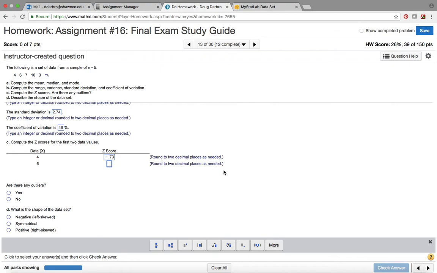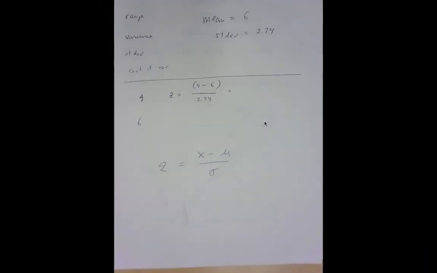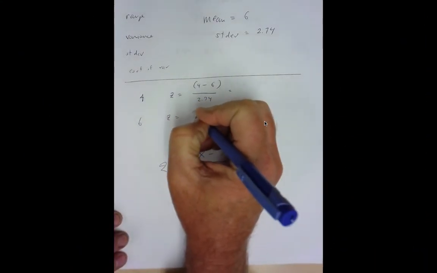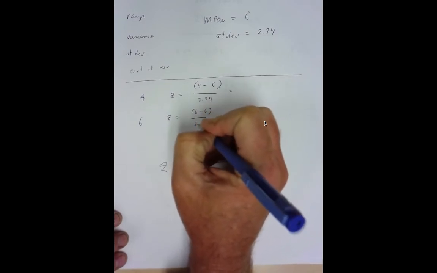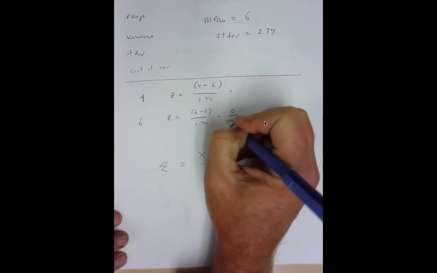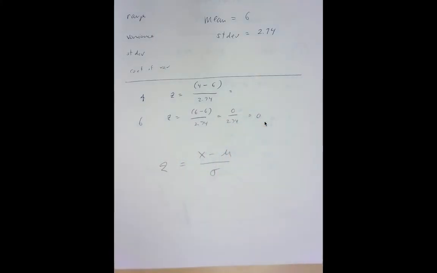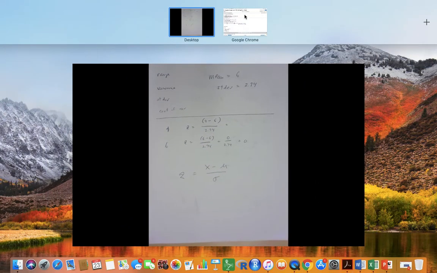And for 6, the z-score would be equal to 0.